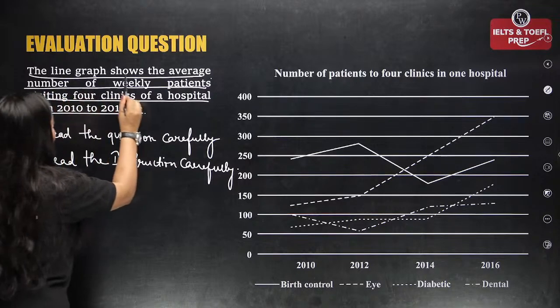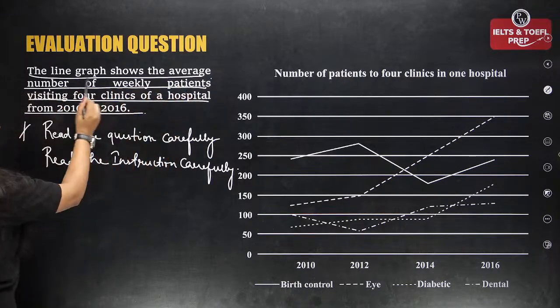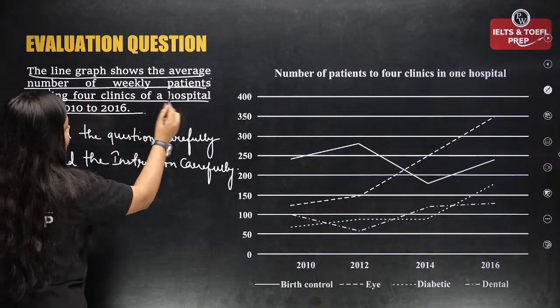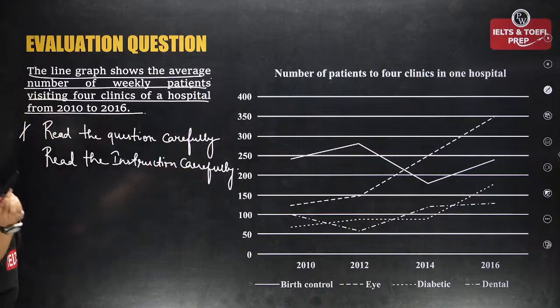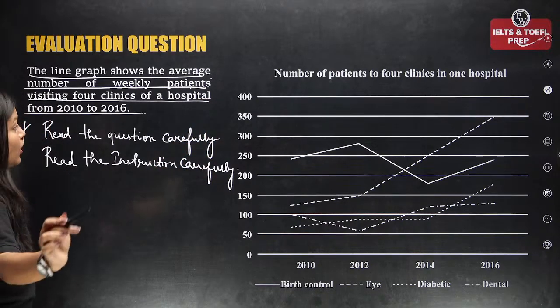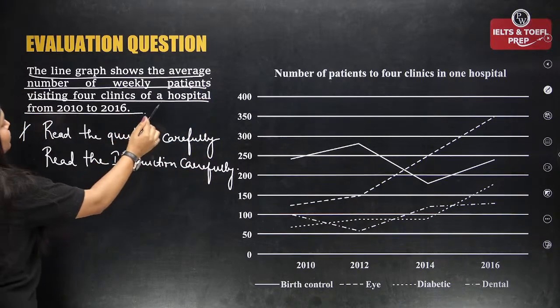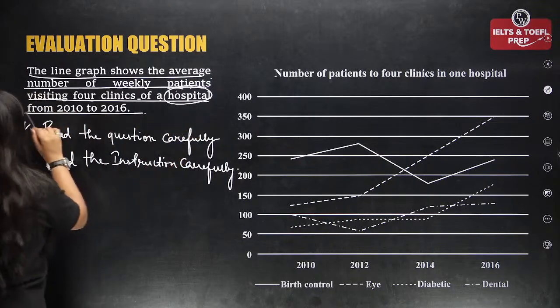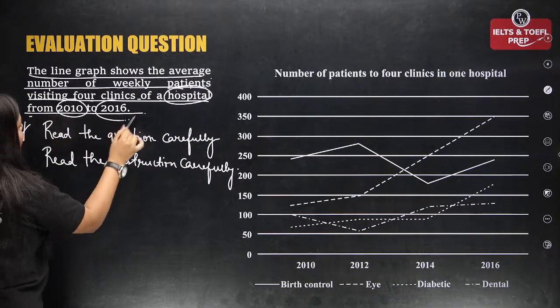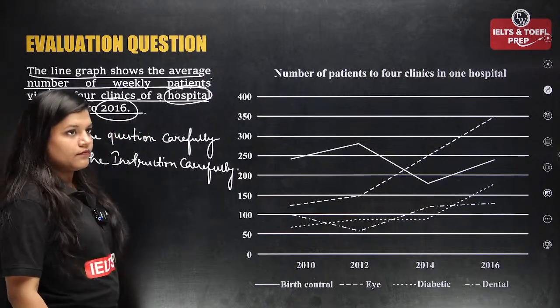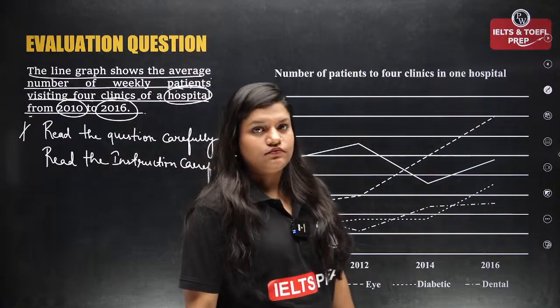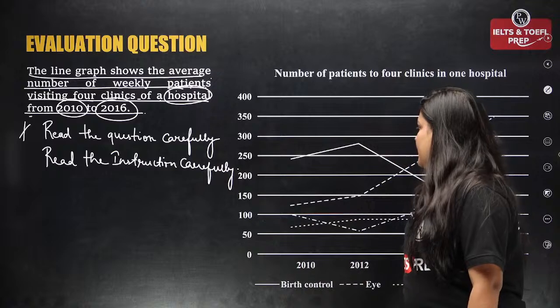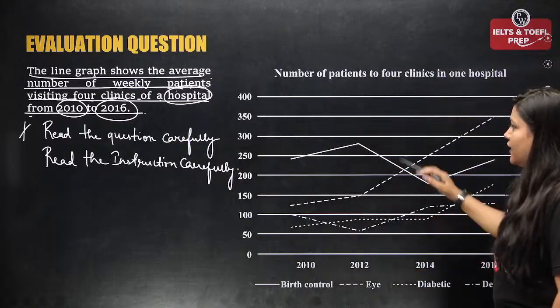The line graph shows the average number of weekly patients visiting for clinic of a hospital from 2010 to 2016. Got it? Fair enough? Now, here you can see, here is the diagram.